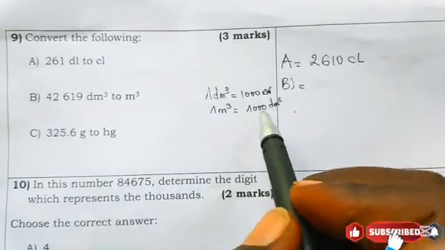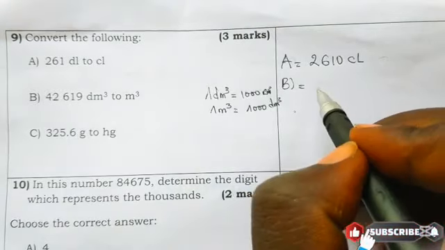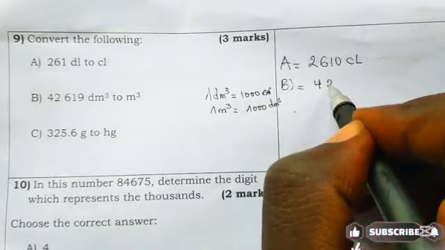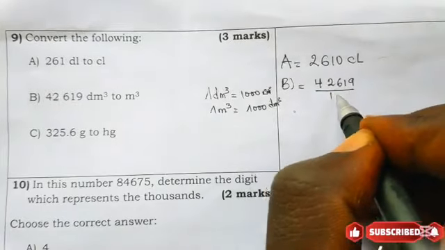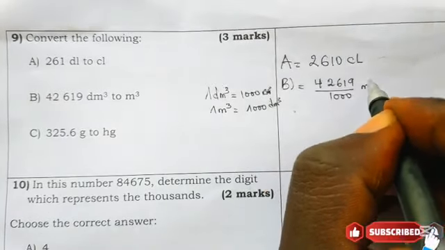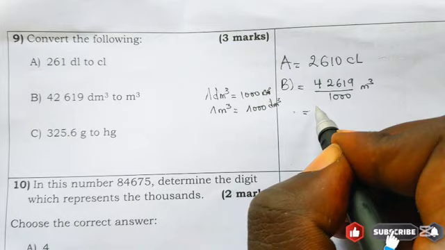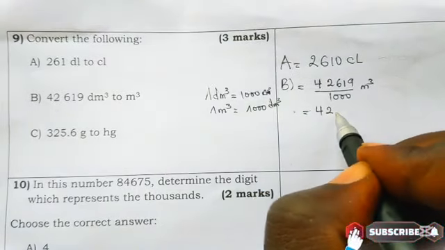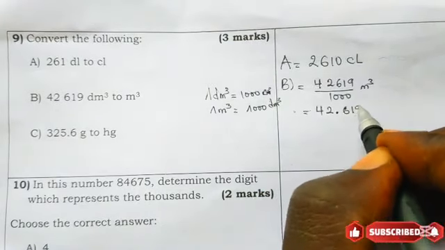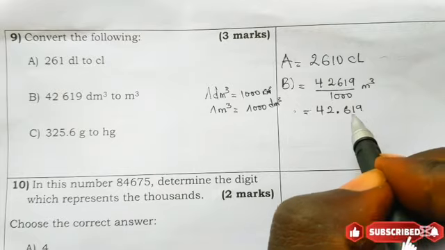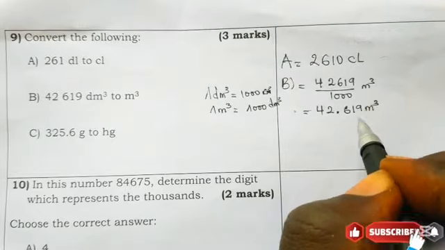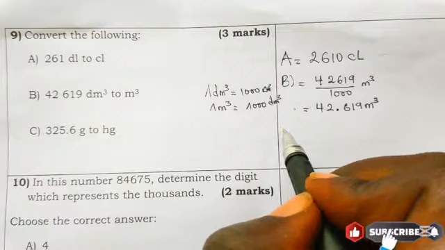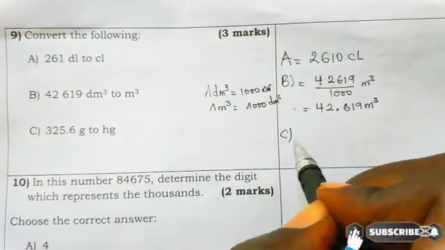So from here we shall divide, so that we have 42,619 divided by 1,000 meters cubed, and this should be equal to 42.619 meters cubed.